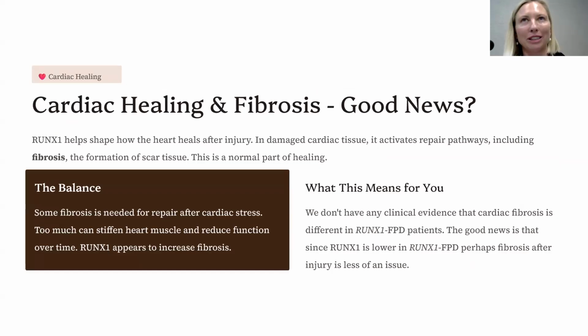But too much fibrosis can be harmful, because then the heart can get stiff. And so it appears that if you have too much RUNX1, you might be driving too much fibrosis. And in the case of RUNX1 FPD, we might have maybe too little RUNX1, and so maybe fibrosis after a cardiac event wouldn't be an issue.